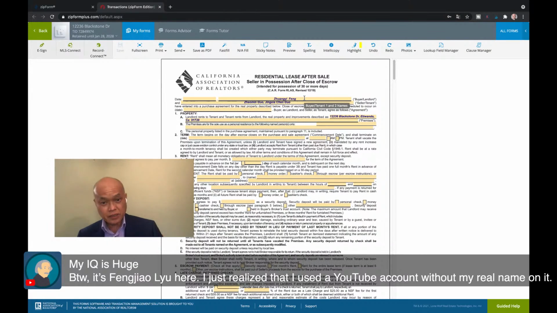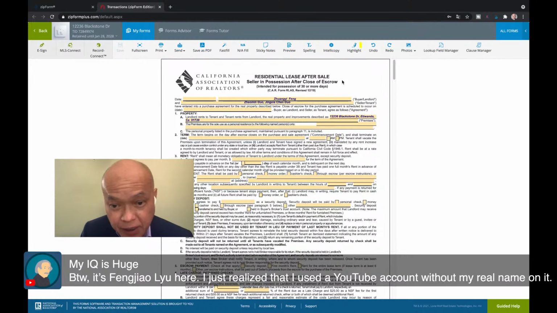You will use the residential lease after sale form if the rent back is 30 days or longer.